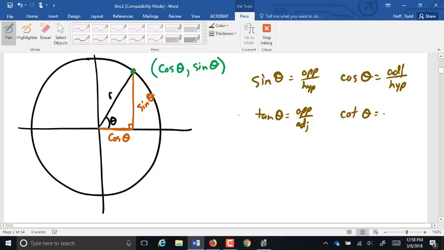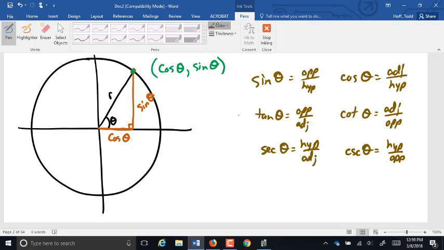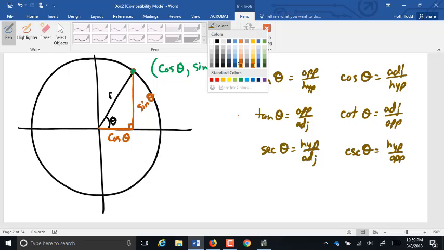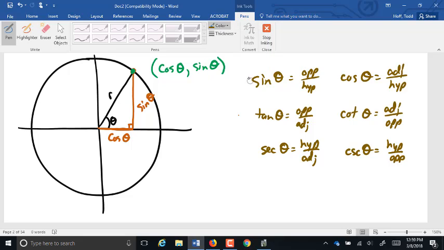Cotangent of theta is adjacent over opposite. Secant of theta is hypotenuse over adjacent, and cosecant of theta is the hypotenuse over the opposite side. And we looked at some of those relationships between those trig functions and how some of them are derived from the others. So we want to do a couple of things today.